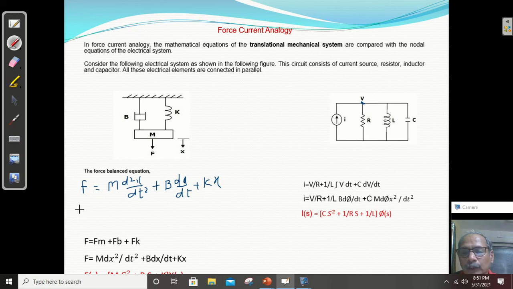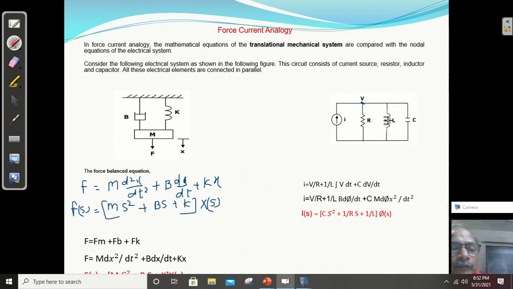This is the force. If you take the Laplace transform, F of s equal to what will come? m s square plus b s plus k times x of s, if we neglect the initial condition. So in this way you will get this equation in S domain. Now here, we have to develop a force current analogy.